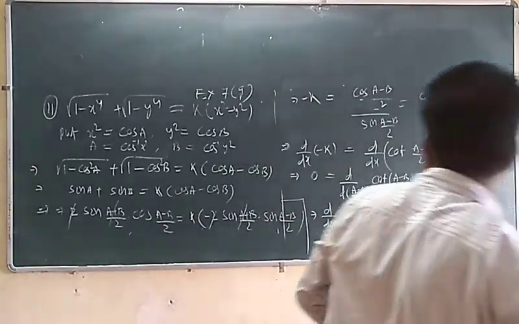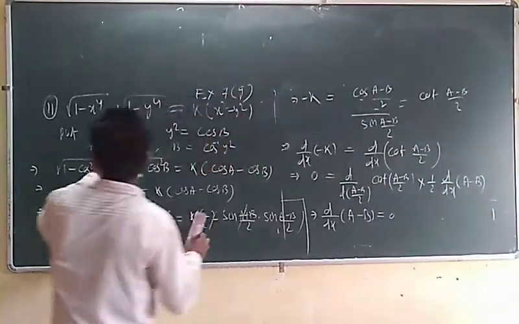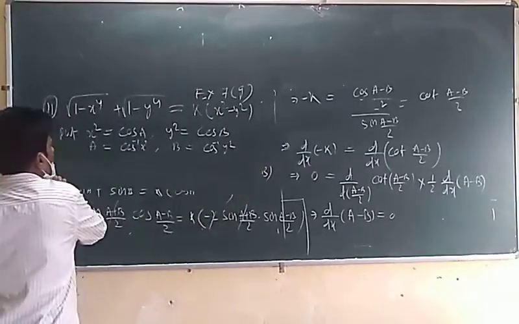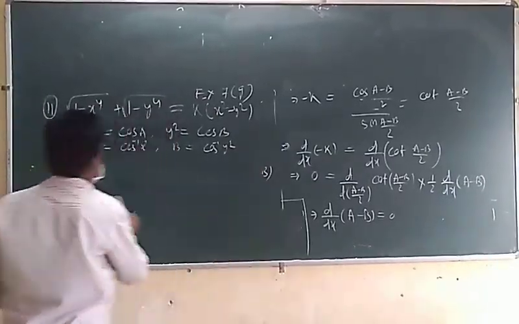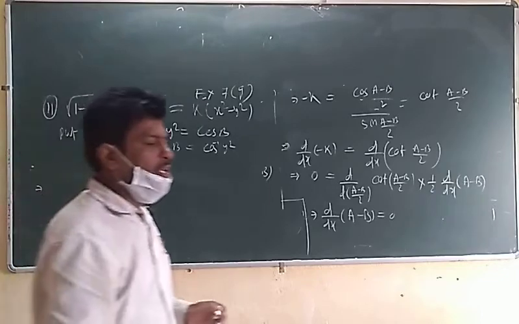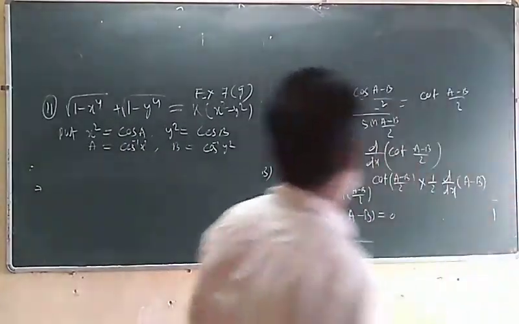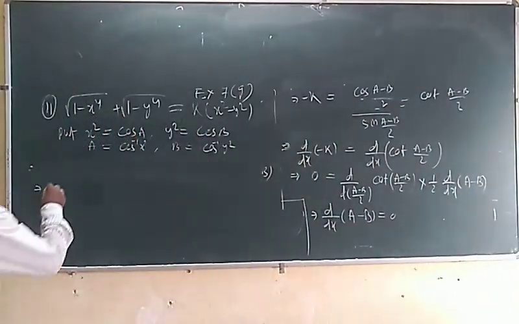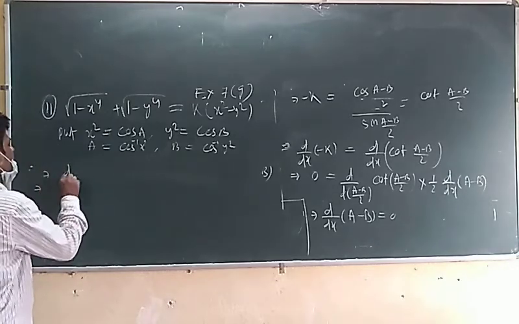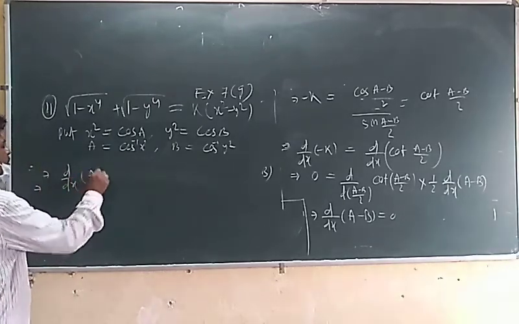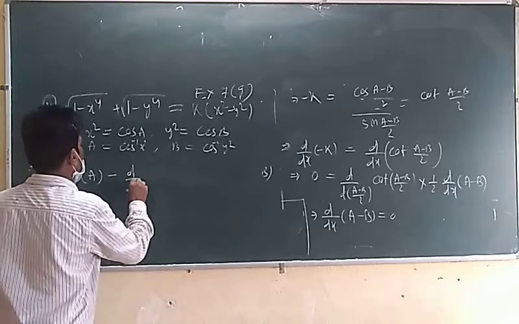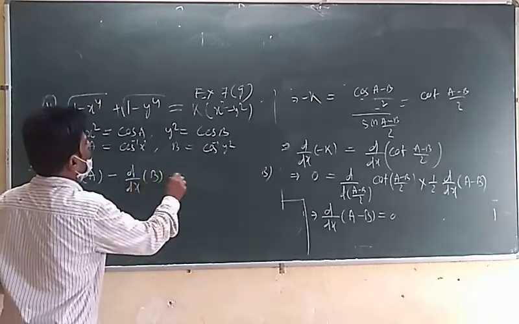Put the value of A, that is cos inverse x square, and B is cos inverse y square. So now d by dx of A minus d by dx of B is equal to 0.